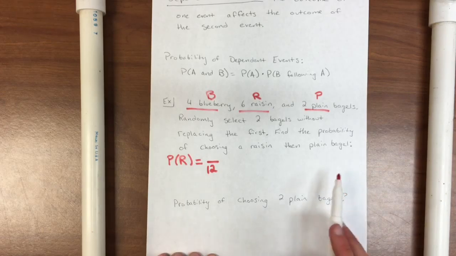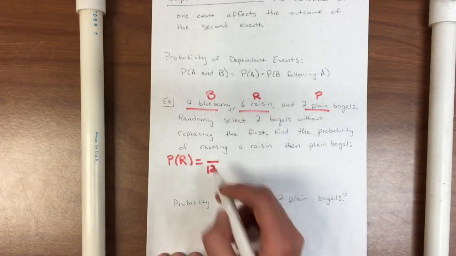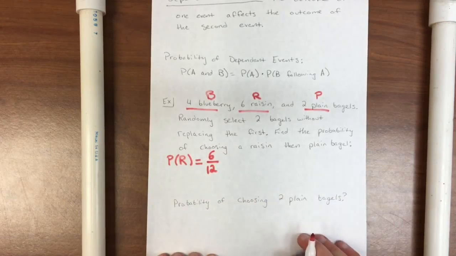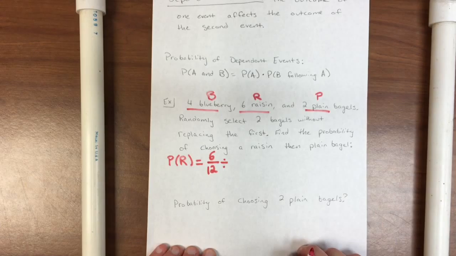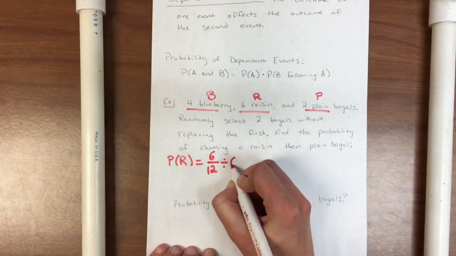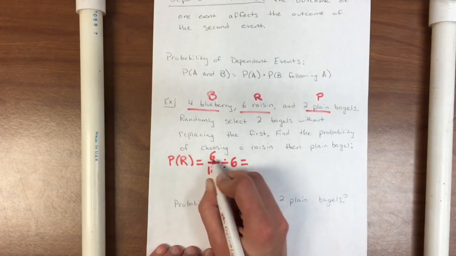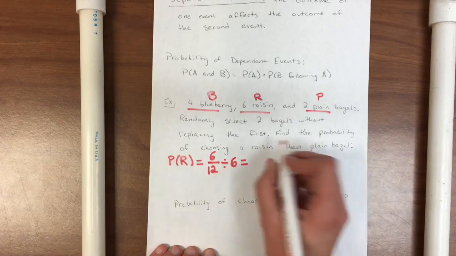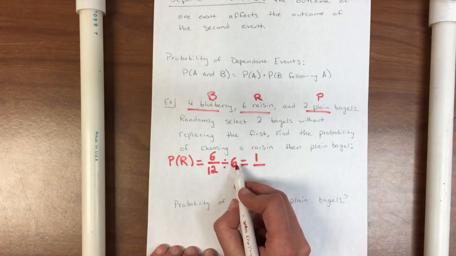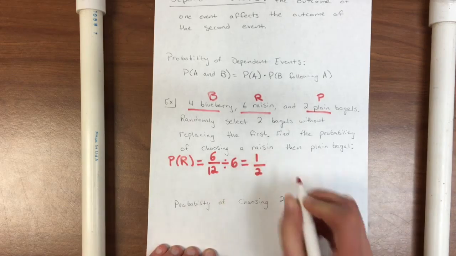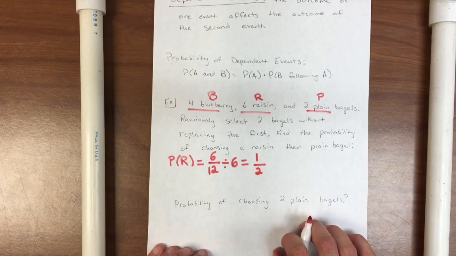How many raisin bagels do we have? 6. What's wrong with 6 over 12? Right, it needs to be simplified. And what can we divide both of them by? 6. So 6 divided by 6 is what? 1. 12 divided by 6 is what? 2. So the probability of choosing a raisin bagel is 1 over 2.